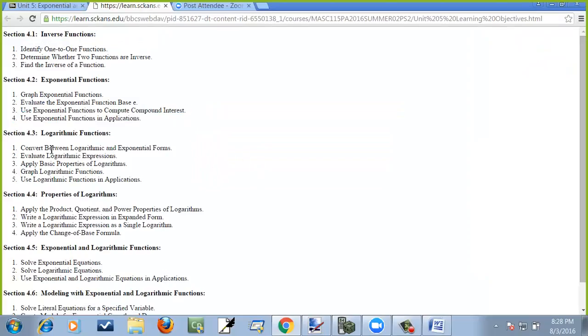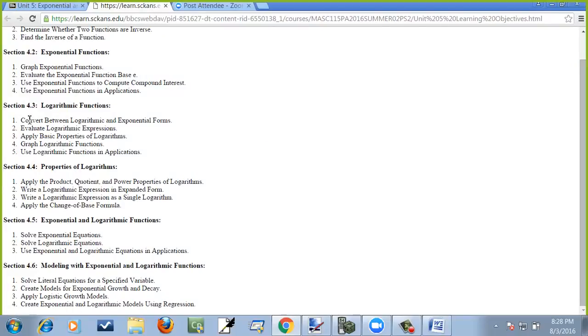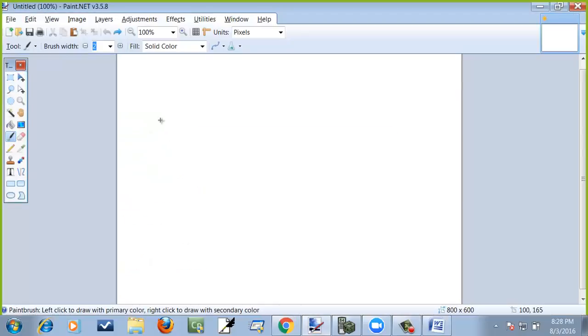Now, section 4.3, log functions. First thing we'll look at is converting between log and exponential forms. Okay. Now our log form looks like this. We've got log base b of q is equal to p.